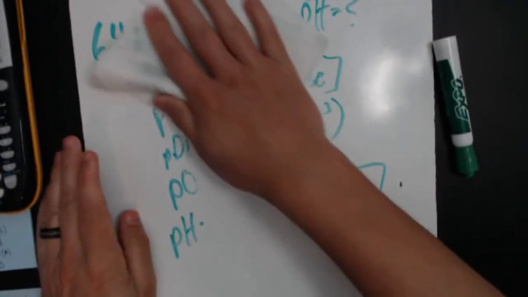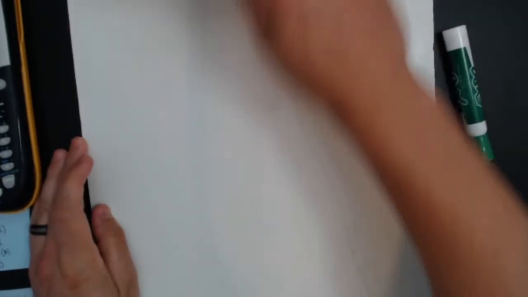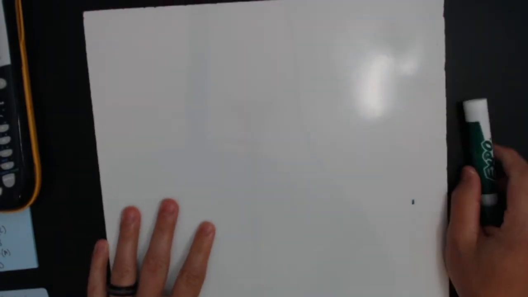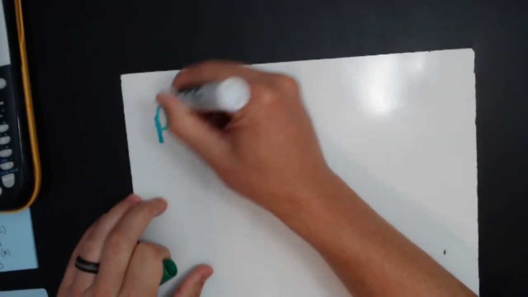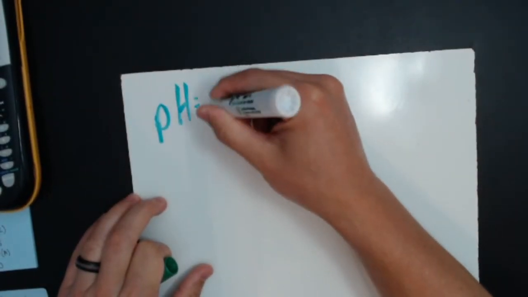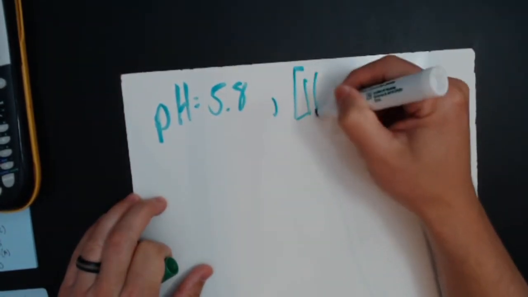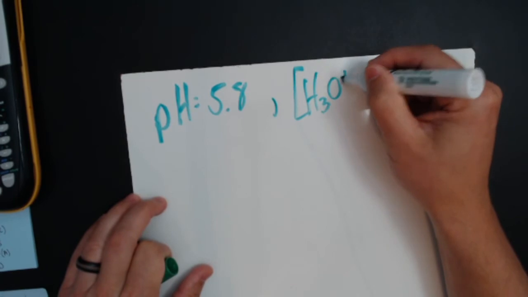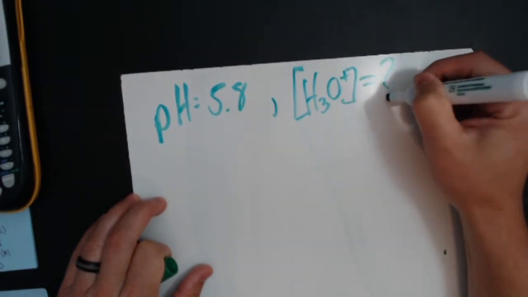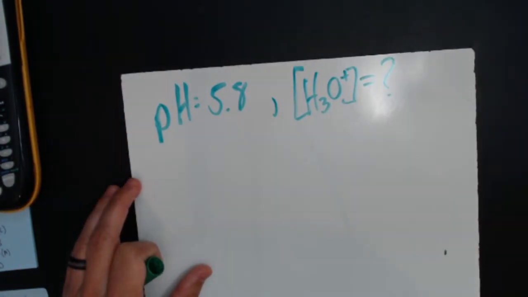Alright, moving on. Let's look at number 4. Calculate the hydronium concentration of a solution with a pH of 5.8. Okay, so we have a pH, it's 5.8, and we want to know the H3O plus concentration. That's what we're looking for, right?